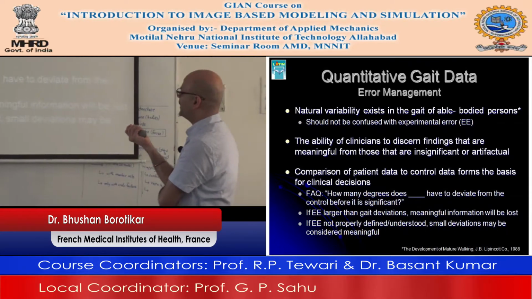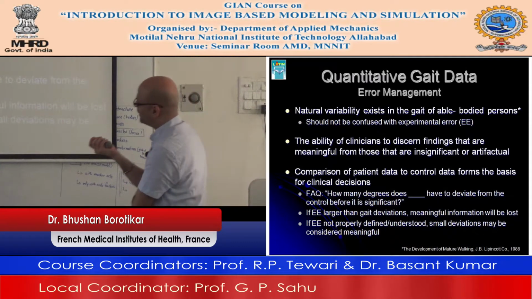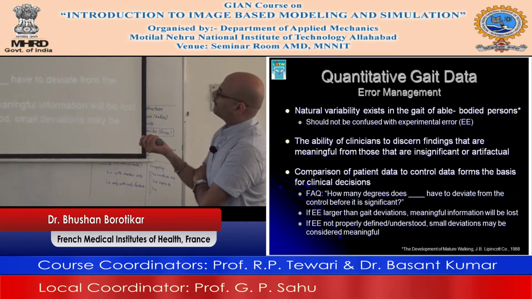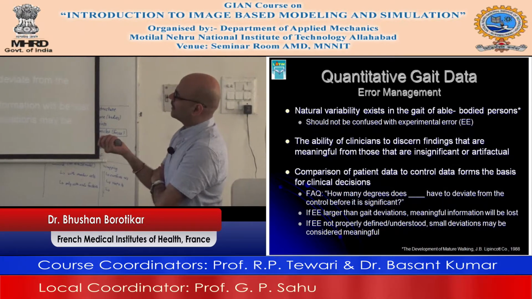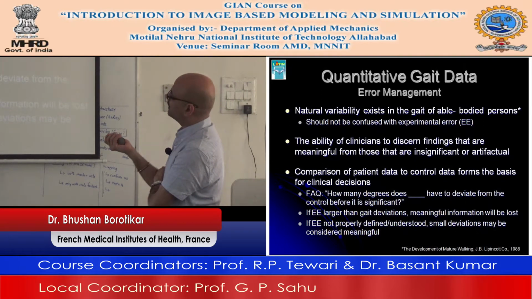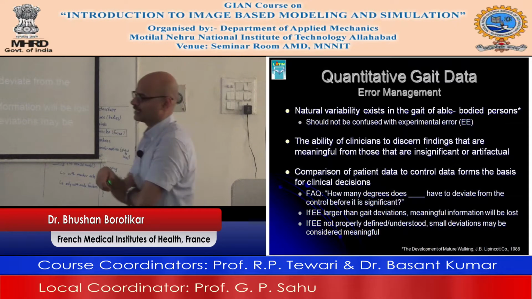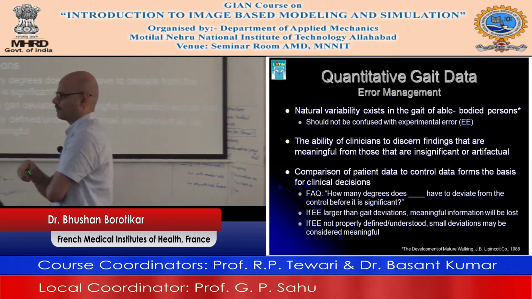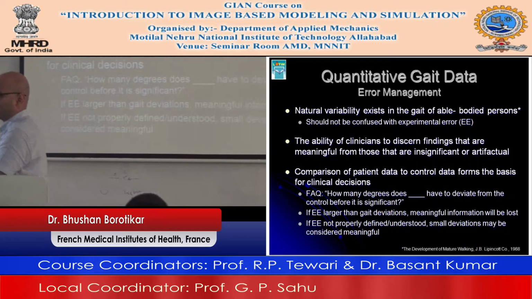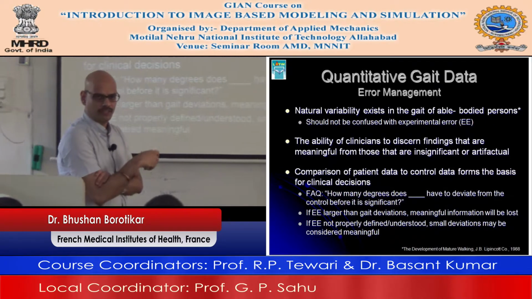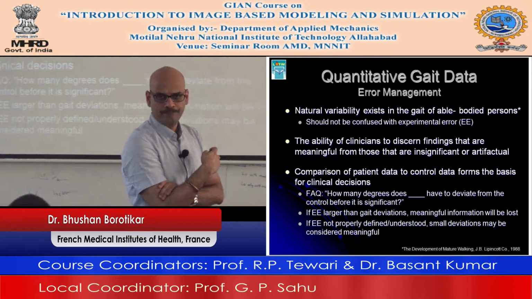Then comparison of patient data to control data forms the basis for clinical decisions. A frequently asked question is, does it deviate from control, is it significant? And this is an unanswered question in almost every pathology.